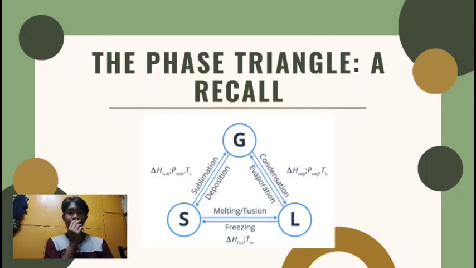A phase diagram is shown in the picture, which summarizes the enthalpy change for phase change at a specific pressure and temperature. Basically, the transformation from a more condensed phase to a less condensed phase, for example solid to liquid, which is the melting process, requires energy in the form of heat, and these transformations are endothermic.